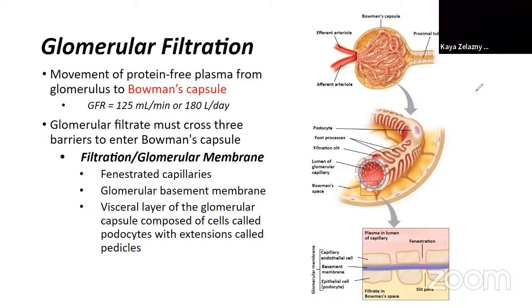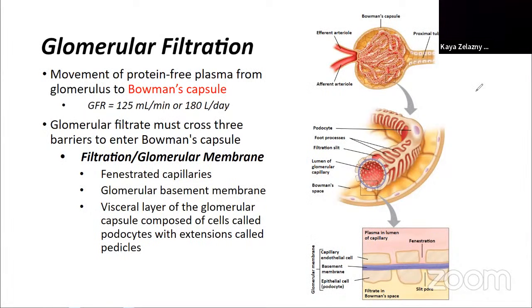This is a specialized type of capillary that lets a lot of stuff through. With many capillaries we saw before, gases moved across, but you weren't leaking tons of fluid. Here in the kidneys, we want to be leaking lots of fluid because we're trying to regulate, process, and move waste.